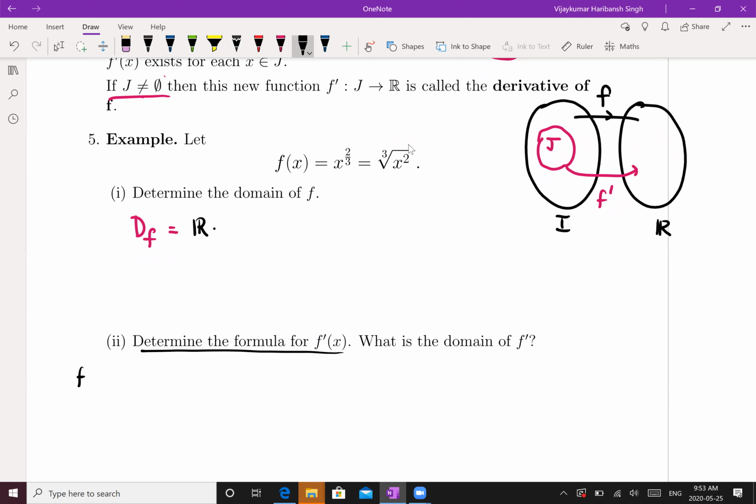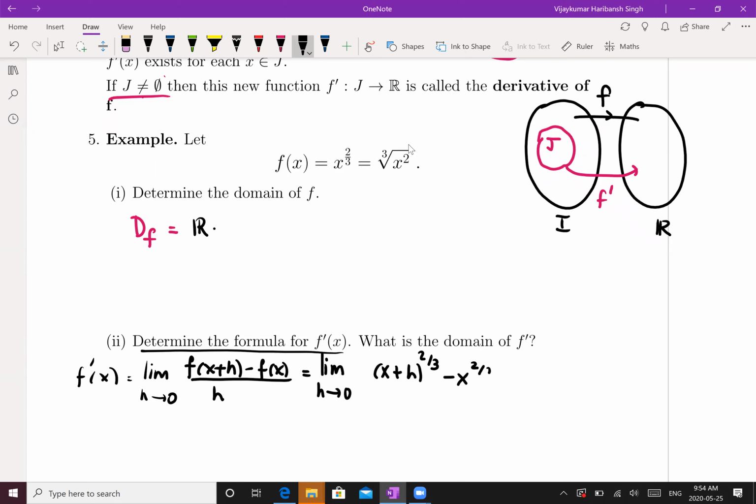So f prime x is going to be limit as h goes to 0, f of x plus h minus f of x over h. That is going to be limit as h goes to 0, (x plus h) to the power 2 by 3 minus x to the power 2 by 3 over h.